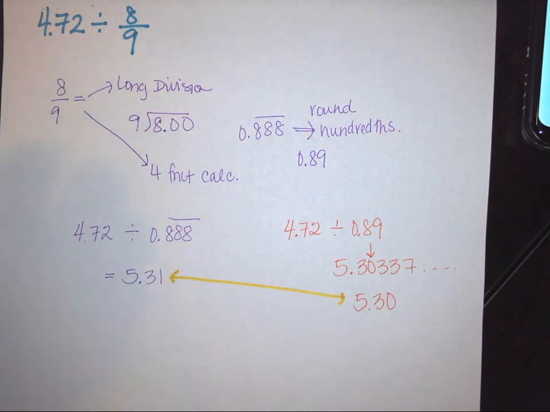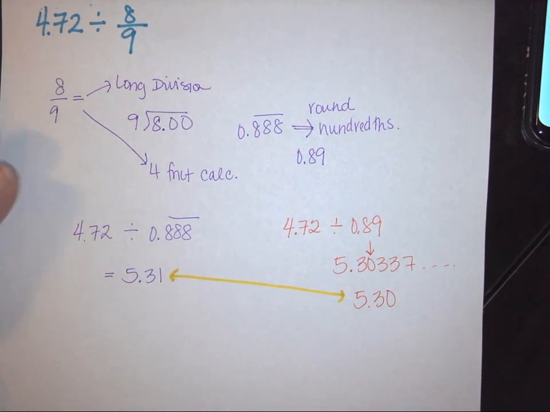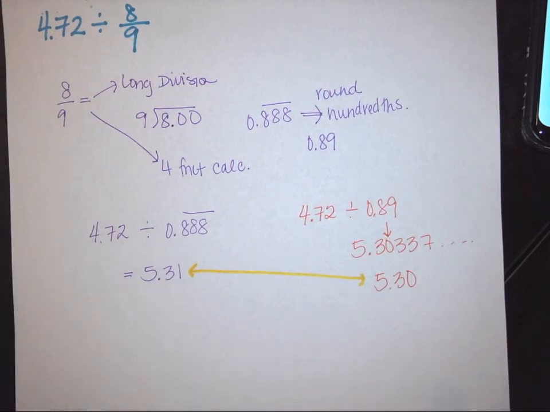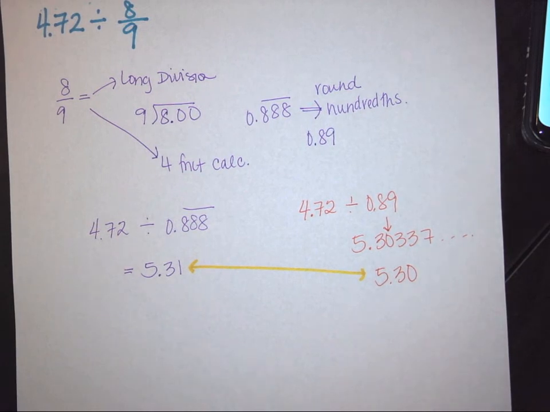The smartest thing to do is not to round. Instead, save your rounding for the very end. Make that be the very last thing that you do at the bottom of your problem. Okay? So that's in a nutshell everything that you need to know about doing the order of operations when you have a mixture of fractions and decimals.